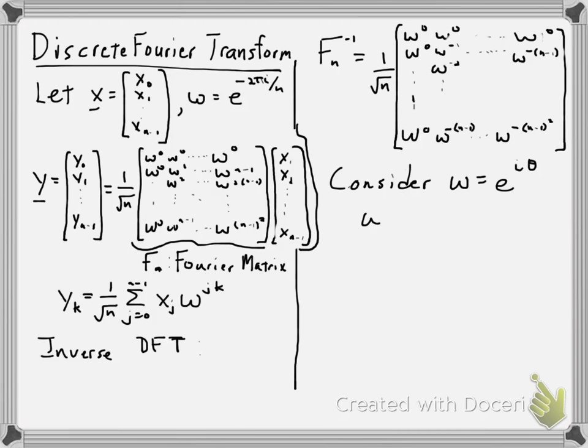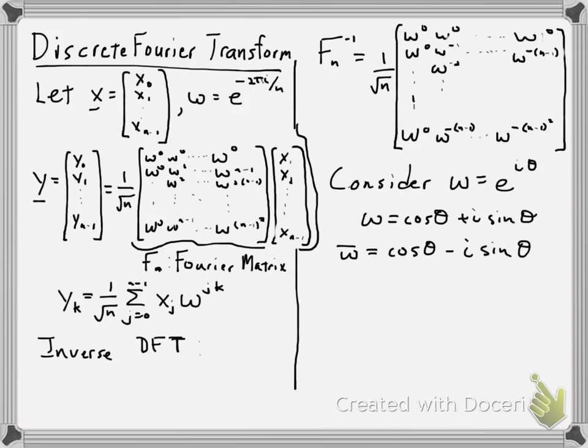So omega, if we use Euler's formula, is equal to cosine theta plus i sine theta. Well, the conjugate of omega is equal to the cosine of theta, of course, minus i sine theta. We just negate the imaginary component.